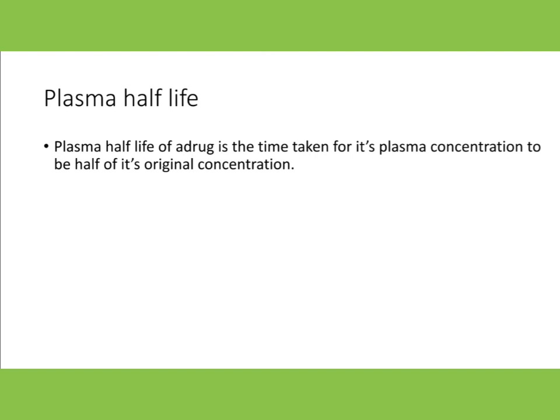As the concentration is reduced, there will be lesser action of the drug and lesser pharmacological effect, so your disease or disorder, for which you are taking the drug, will take more time to be treated. So you need to follow those instructions properly so that you can easily treat the abnormality. That is the importance of plasma half-life.